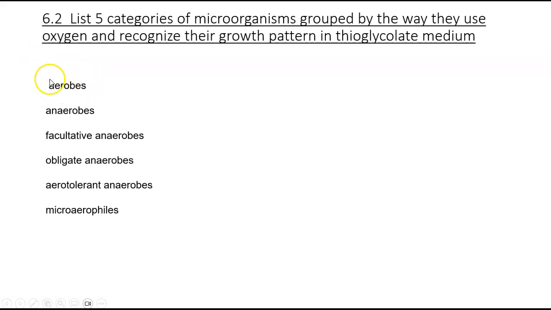So these are really common. Anaerobes, an means not. So these are not aerobes. These are organisms that do not use oxygen. And if you're an obligate anaerobe, I probably should have just put obligate anaerobe.